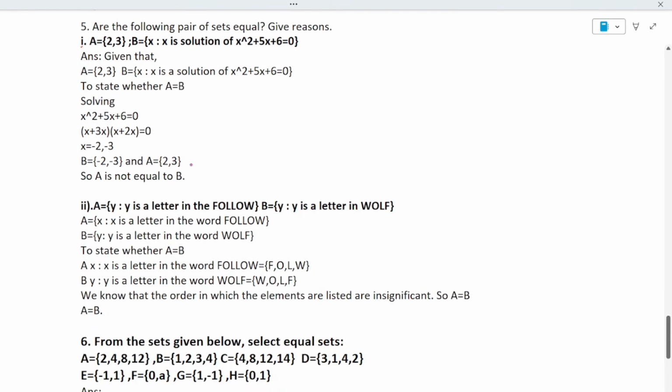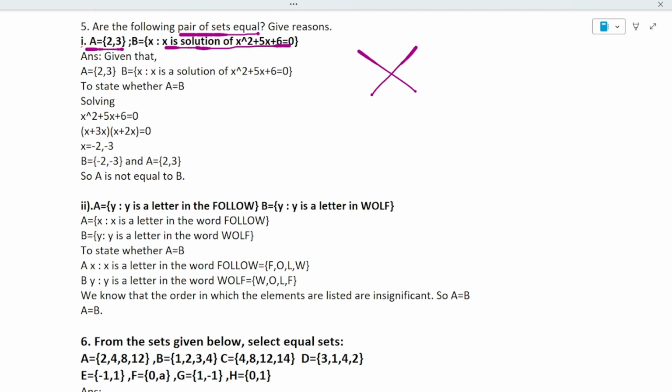Now let's see the fifth question. We have to say whether the pairs of sets are equal. They have given A equal to {2, 3}, and B is the set of x where x is a solution of x square plus 5x plus 6. They have given a quadratic equation, and I hope you know how to solve it.